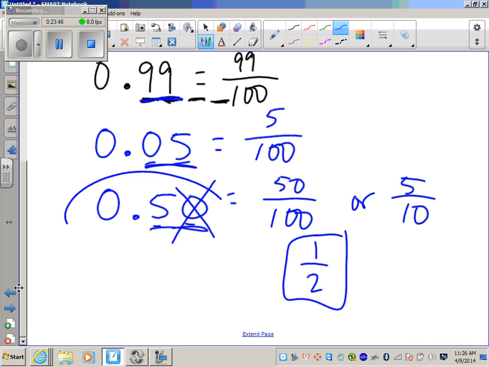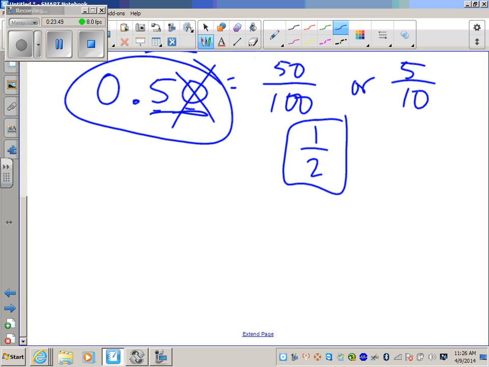This is just one example. If you have 0.52, it's what? 52 over 100. I need the 2 because it's a 2. I didn't need that because it was a 0. And it meant the same thing, right? I showed you that.